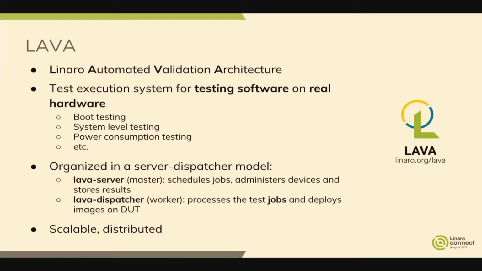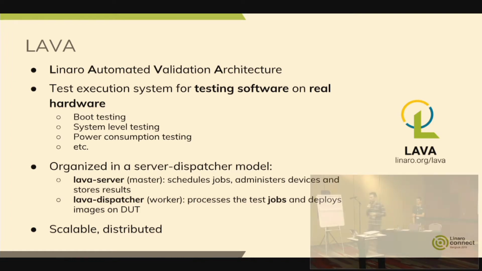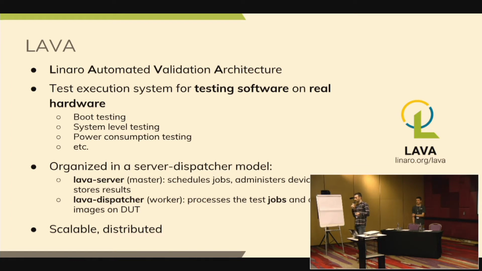For example, a basic use case is: I develop on a kernel, I push a patch, I commit a change, and I want to make sure that the software I changed does not have regression on real hardware, and I can still boot on, for example, a Dragonboard or a Raspberry Pi. So I can use Lava for this automated testing. But this is not limited to boot testing. You can also test features, the system, and power consumption of your device with new software.